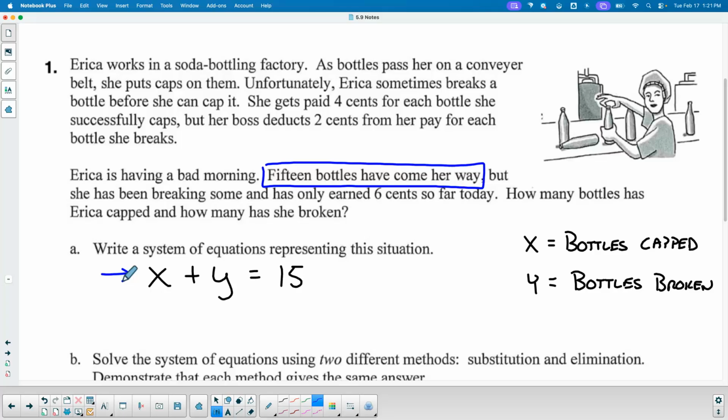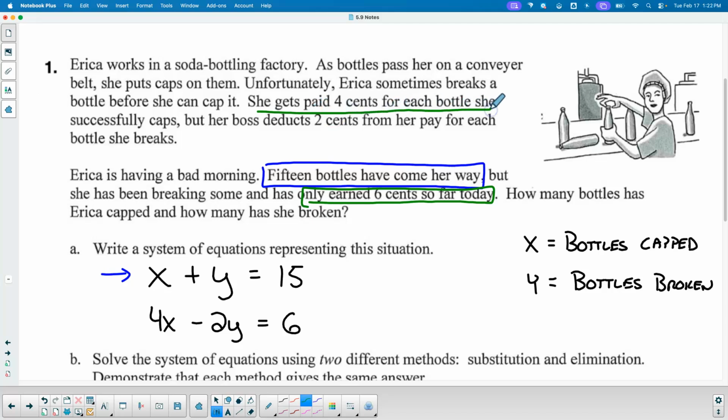Now I need a second equation. 4x minus 2y equals 6. Because she's earned 6 cents so far today, and she gets paid 4 cents for each bottle she caps, but deducts 2 cents for each bottle she breaks. Agree with that one?